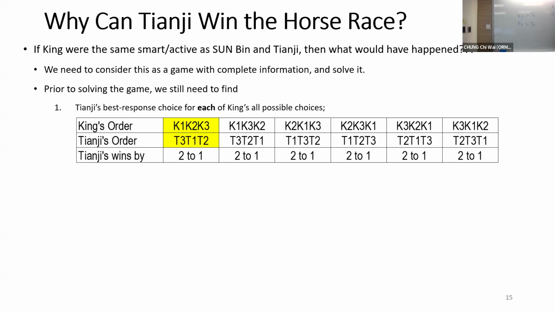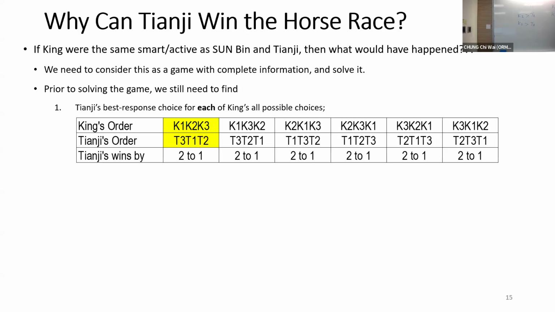You take another sequence, and Tianji's best response to this order made by the king, T3, T2, T1, or T3 and T1, T2, can win the game by T1.